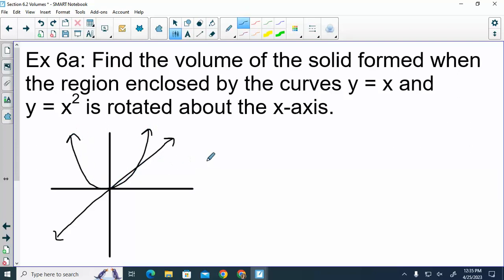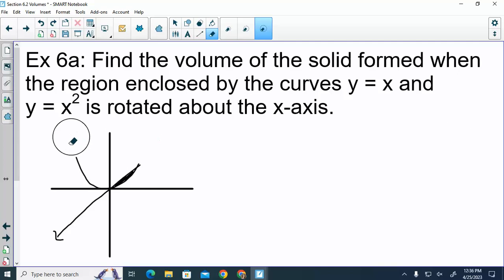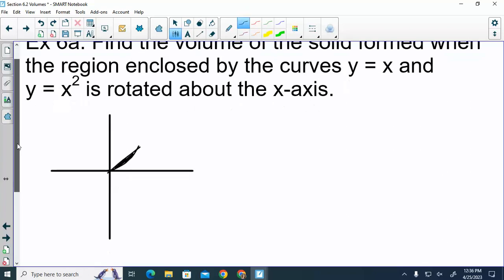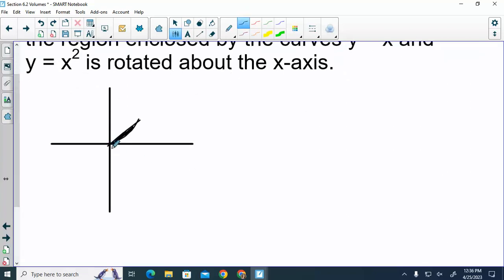Okay, so if I just want the region enclosed by those, what region am I looking at? Just this. So when I'm rotating just that part, that's the only portion we need, and I'm rotating that about the x-axis. So for my rotations, I always kind of think of like flipping it first.